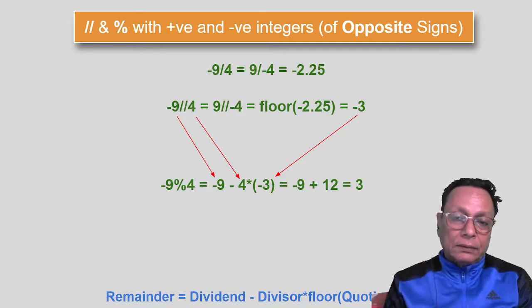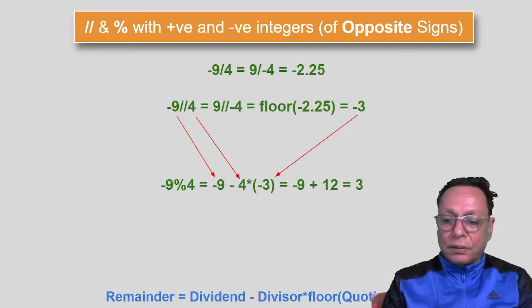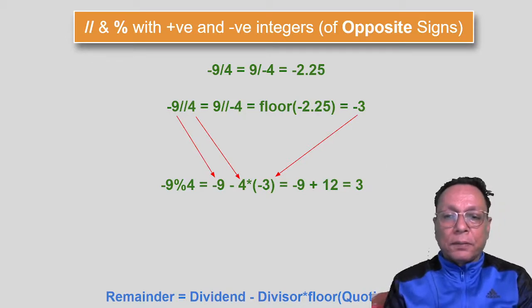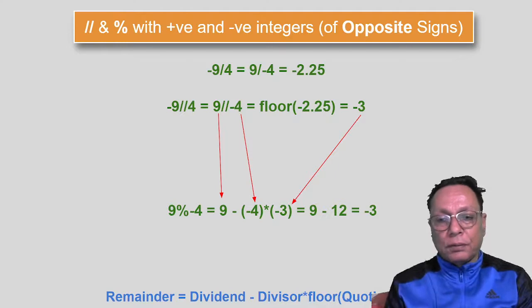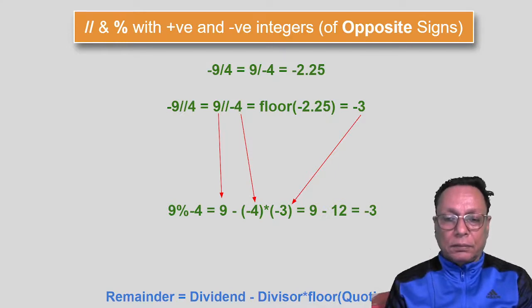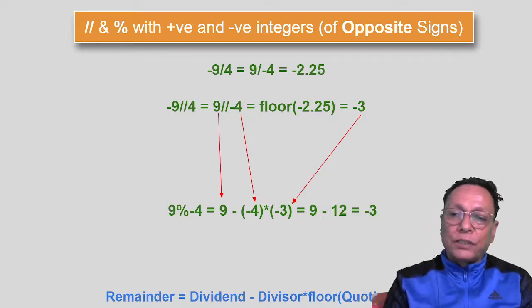And for the second part, the dividend is positive but the divisor is negative, then what happens? Just have a look at this. 9 modulo minus 4. This should be dividend minus divisor. The divisor is minus 4. So 9 minus minus 4 multiplied by the floor quotient. What is the floor quotient?